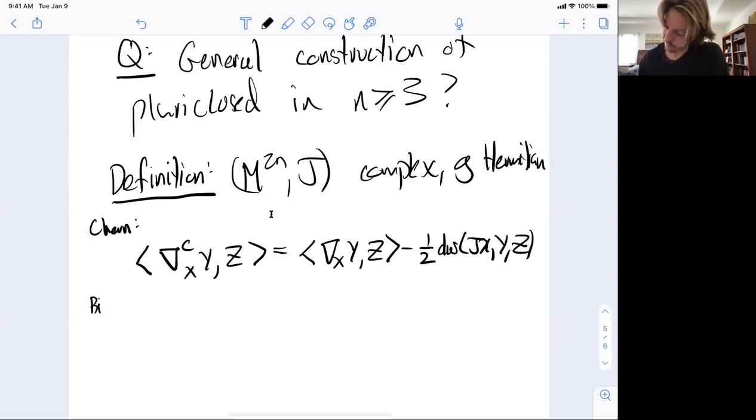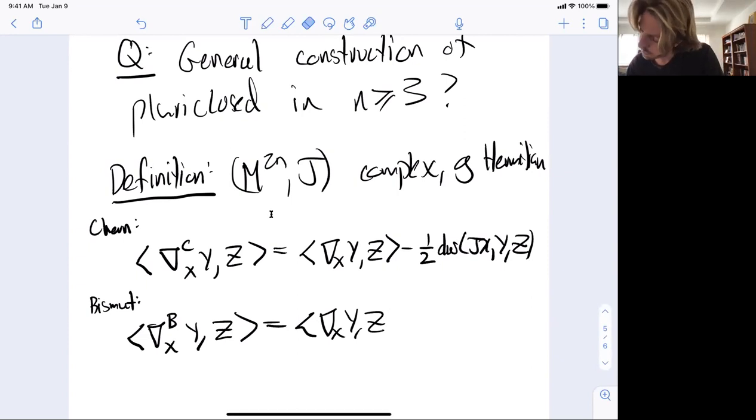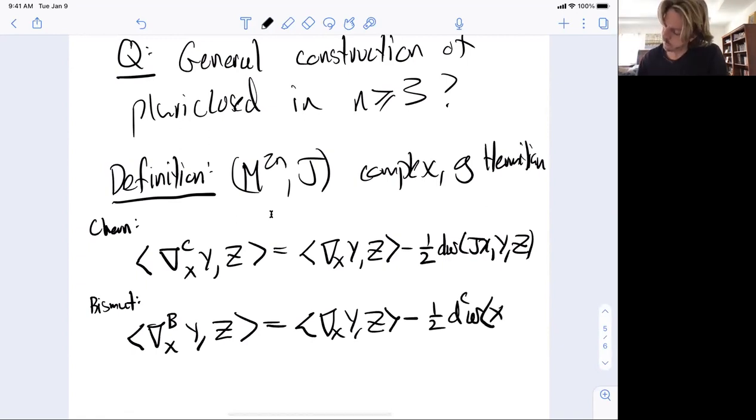And then we have the Bismut connection. This differs from the Levi-Civita connection by minus 1/2 d^c ω(X, Y, Z). Okay.